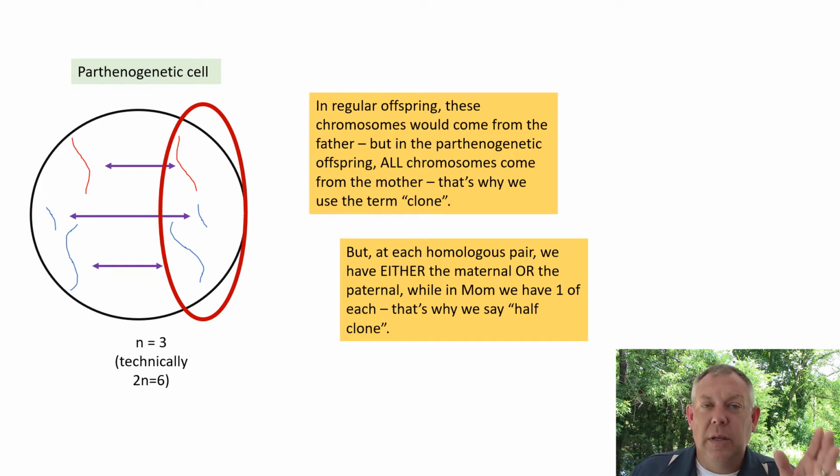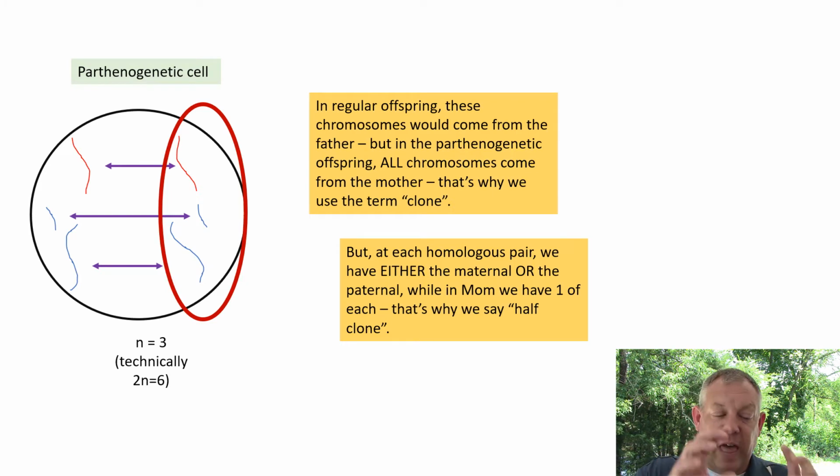And so, yes, half the chromosomes come from the mother, but half come from the father, and at each homologous pair, it's one from the mother and one from the father. But in these parthenogenetic offspring, for every homologous pair, either both are maternal or both are paternal.